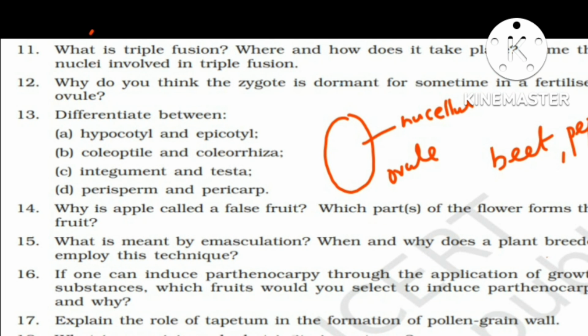But still inside the embryo sac or inside the seed, some remnants of nucellus will be present, which happens in seeds like beet and pepper. Nucellus will be present inside the mature seeds also. Then they are called perisperm.